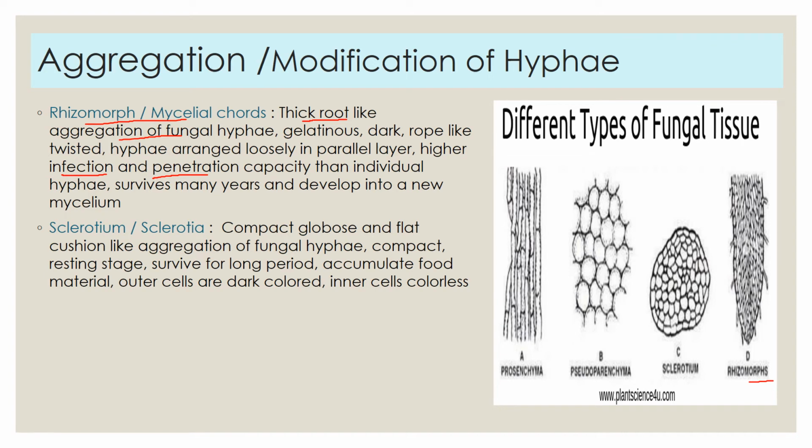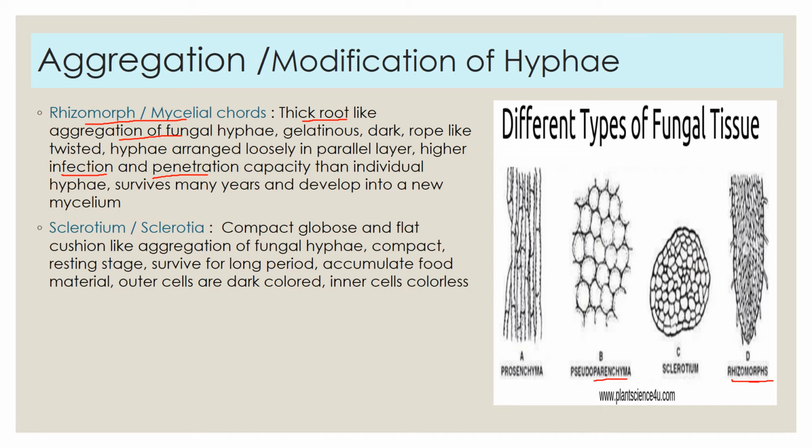So this rhizomorph is mostly found in the infecting hypha, and the cell walls of the parallel hypha also anastomose, just like in the pseudoparenchyma. So the rhizomorph also has fusion of the cell wall of the adjacent hypha.